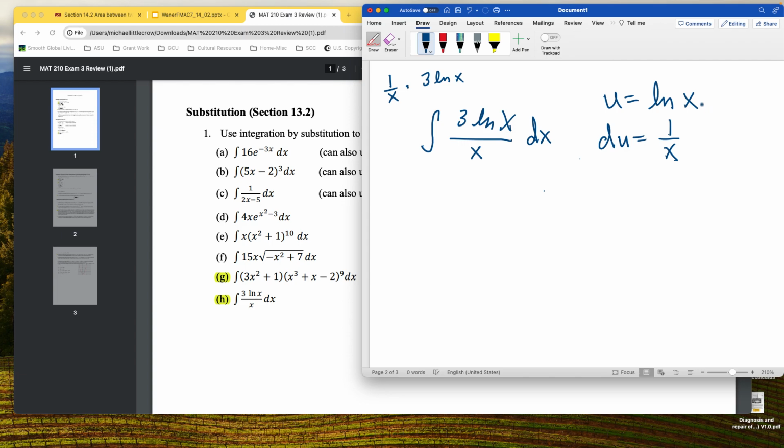So we multiply both sides by x, so dx equals x du. This is a little bit backwards of how we've been doing this so far. The extra part was always in the denominator. This time the extra x is in the numerator so that it can cancel out.